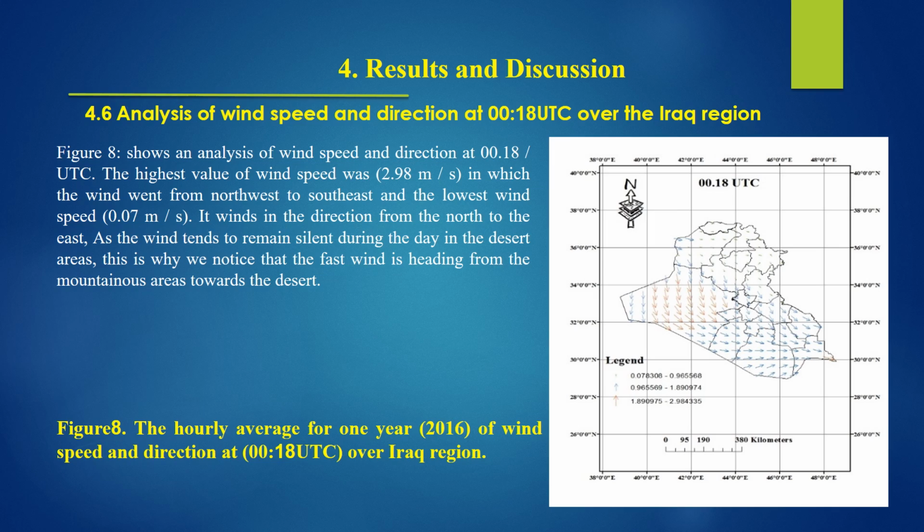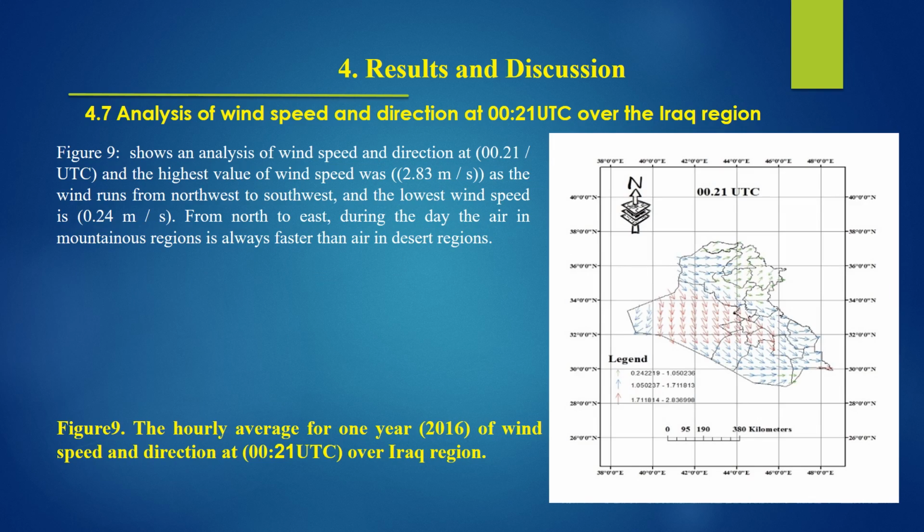The lowest wind speed was 0.7 meters per second, and the highest is 2. And at 9 p.m., the lowest was 0.24 meters per second, and the highest 2.8.